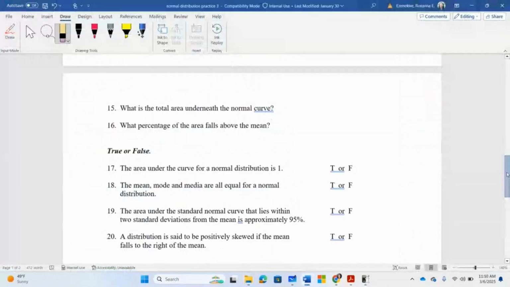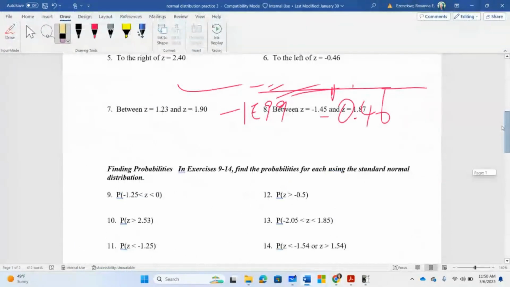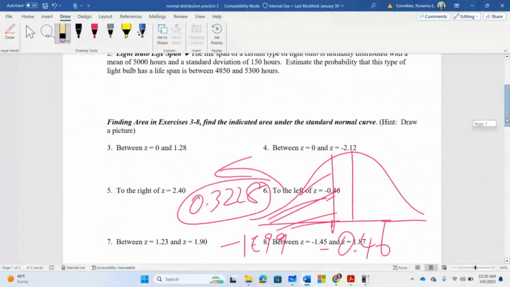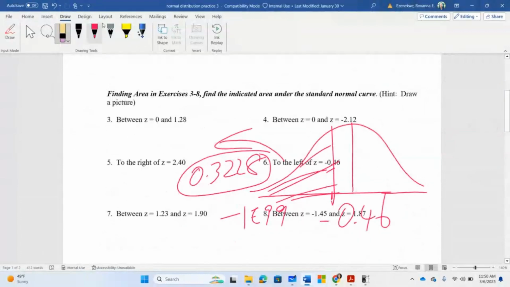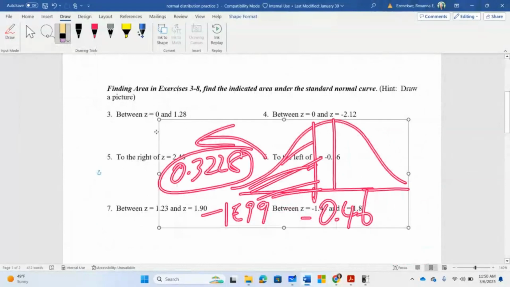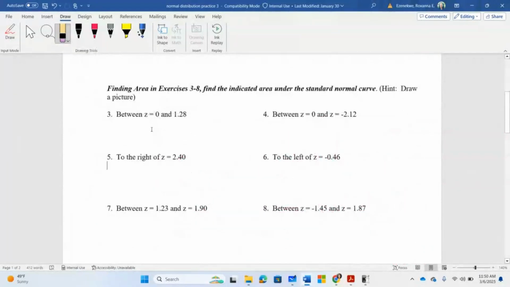Okay, so let's go to, all right, so we want to answer this question. I'm going to erase. Okay, so I want to calculate the area between.